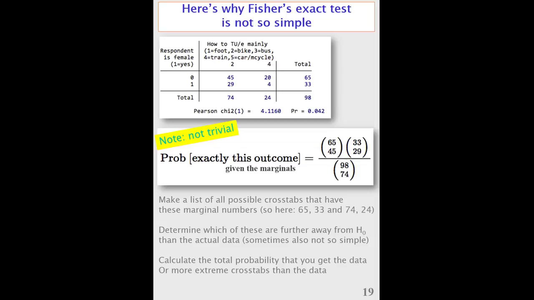The probability of having this one, 45, 20, 29, 4, from the whole set of cell counts that we could have had there that all add up to these same marginals, the probability of having exactly that one, is this: 65 over 45 times 33 over 29 divided by 98 over 74. In principle, a rather basic probabilistic calculation, but even if you don't know exactly how this is calculated, you can see coming, if you know what this means, that these numbers will become very, very large and nasty to calculate.